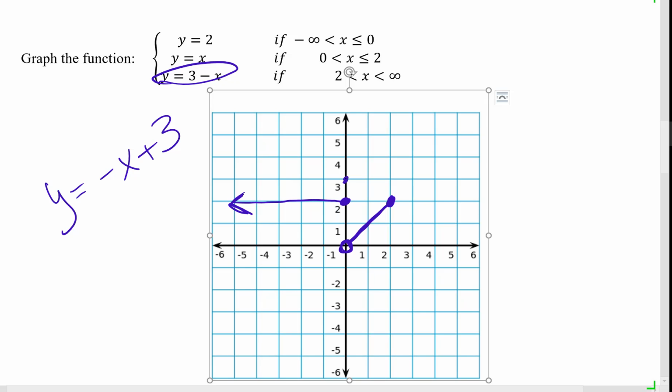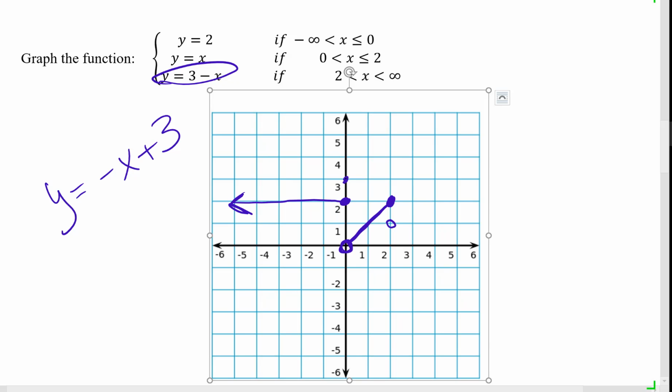We're going to put an open circle on the place where we would be, where our y would be when our x would be 2, because we don't want to include x being 2. So in this equation, if x were 2, y would be 1. All right, so at that point right here, which would be on that equation if x could be 2, we'll put an open circle.